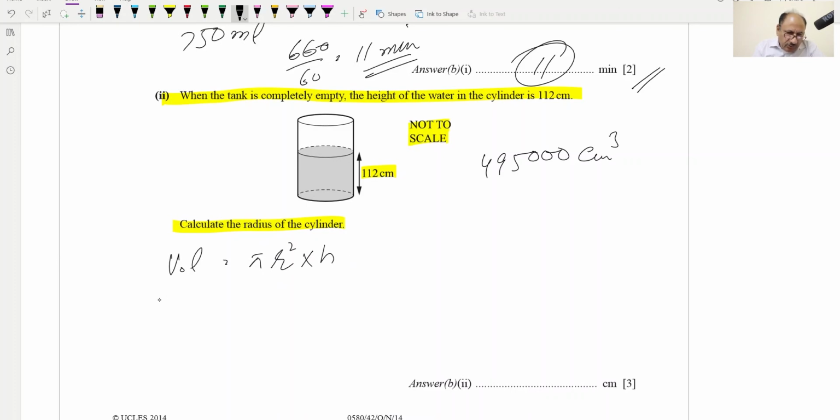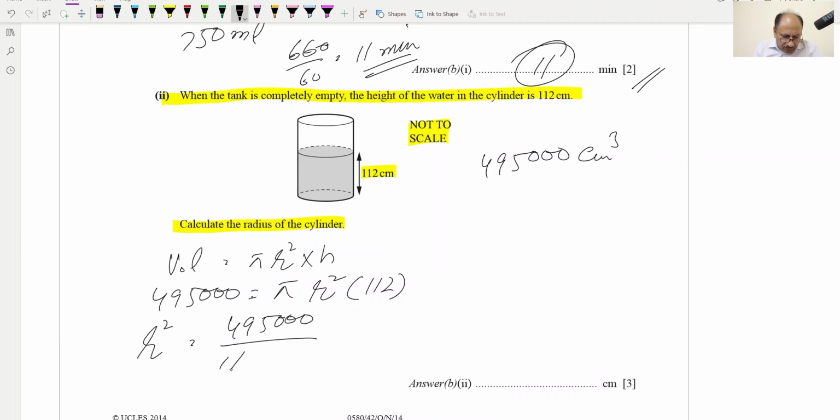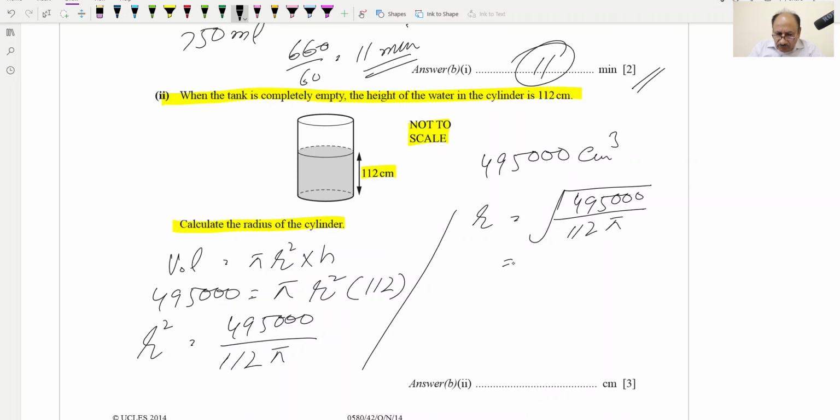So we can replace values. 495,000 is equal to pi into r squared into h, which is 112 centimeters, and now we can find the value of r squared, which will be equal to 495,000 divided by 112 pi, and this implies we can take r as the square root of 495,000 divided by 112 pi.